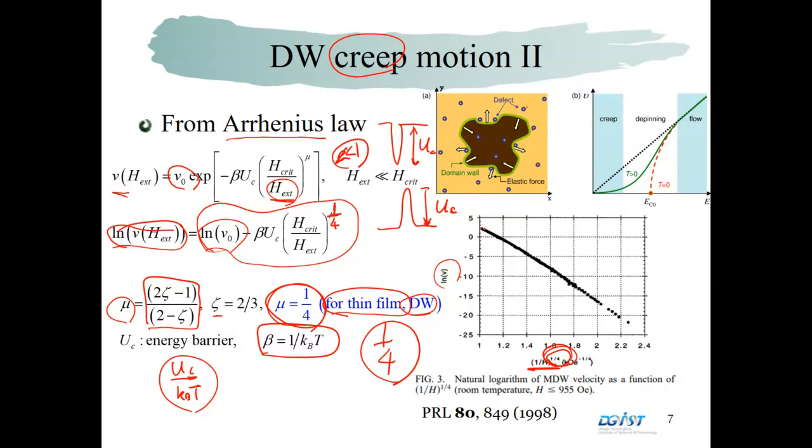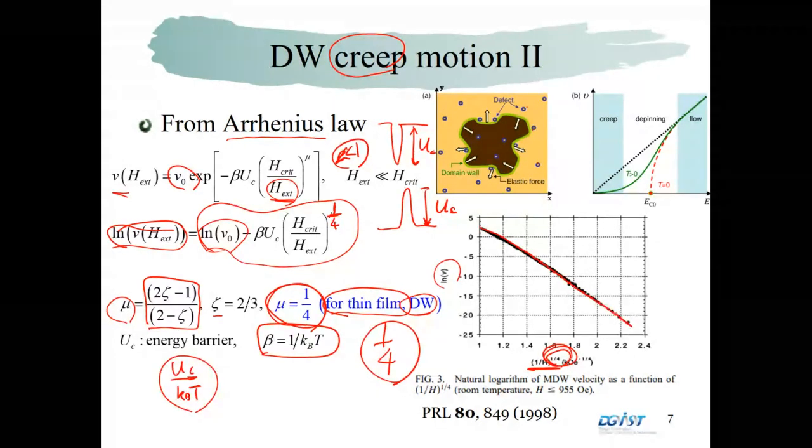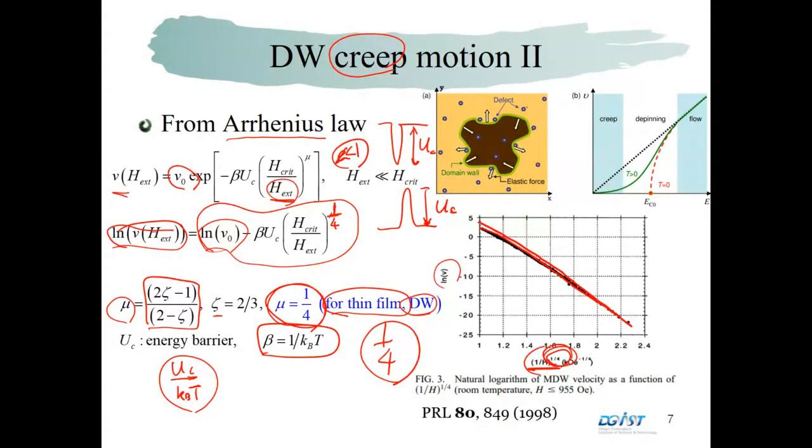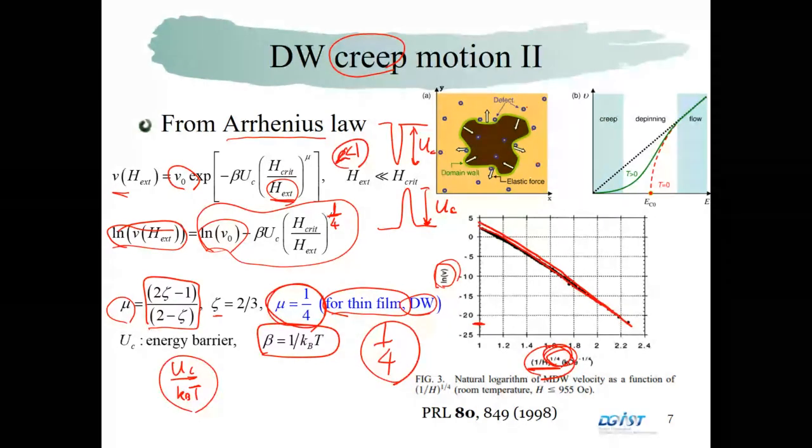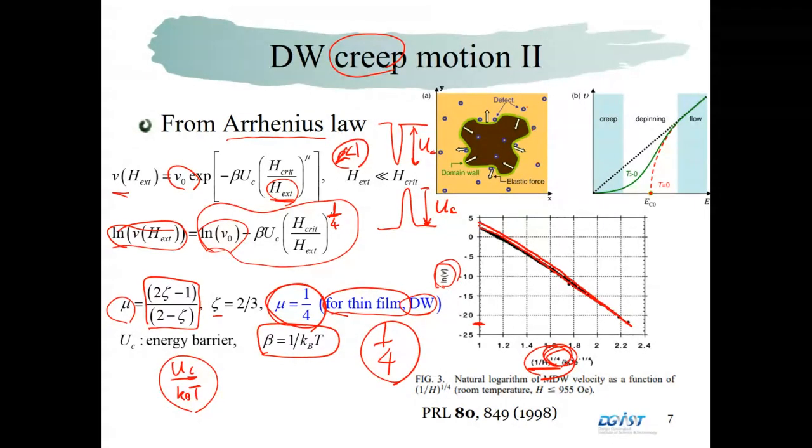As you see here, the velocity of the domain motion is quite linear in this value. And as you see, log V covers from minus 20 something to almost a positive value.